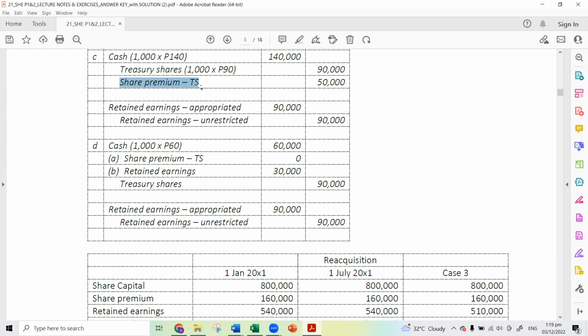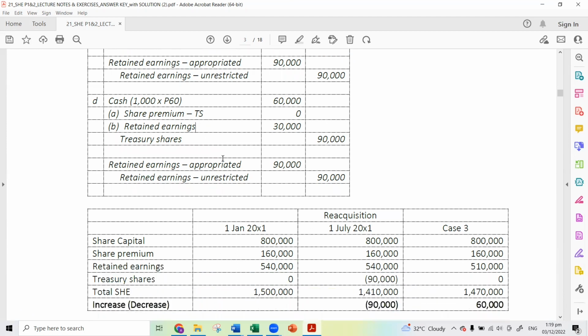Yung share premium on treasury shares, yan yung mauna. Kapag hindi pa yan sufficient, that's the time that the excess should be debited to retained earnings. Okay?